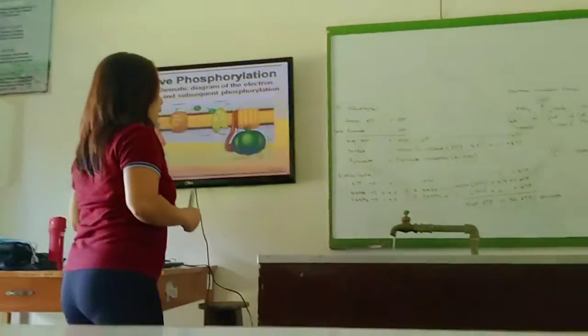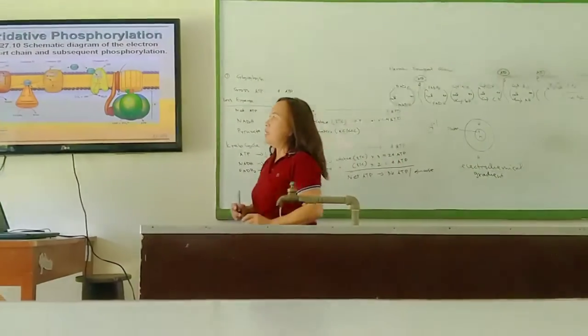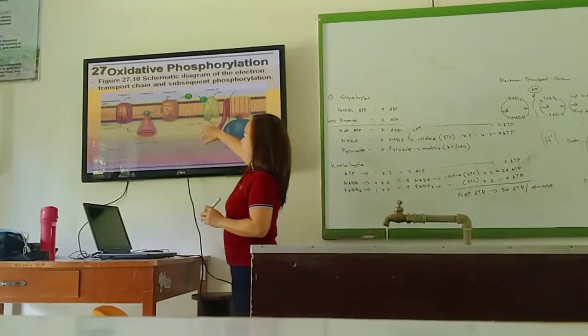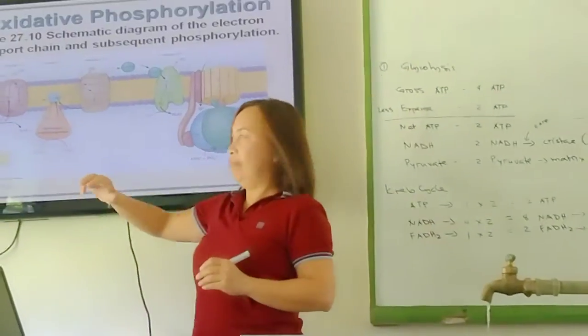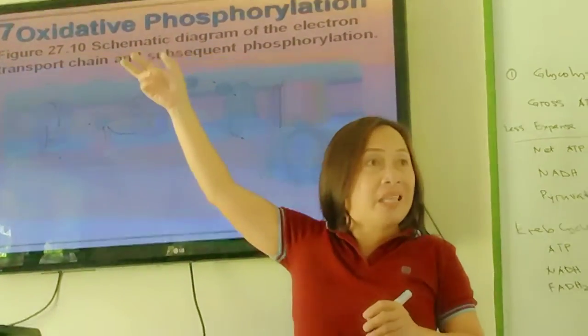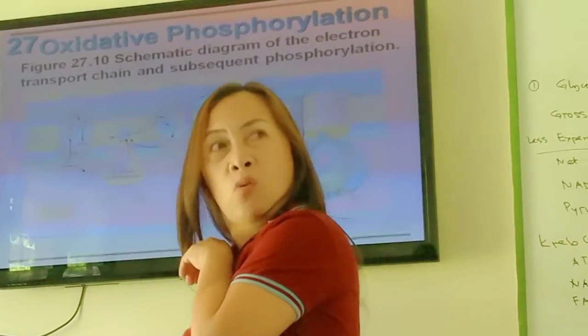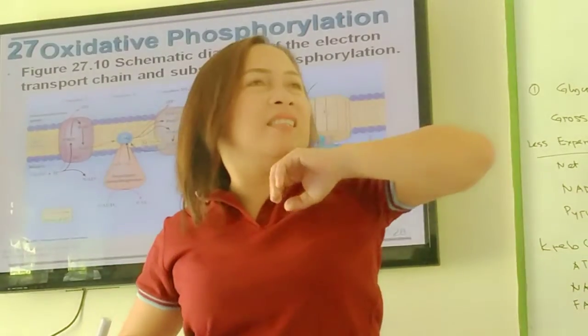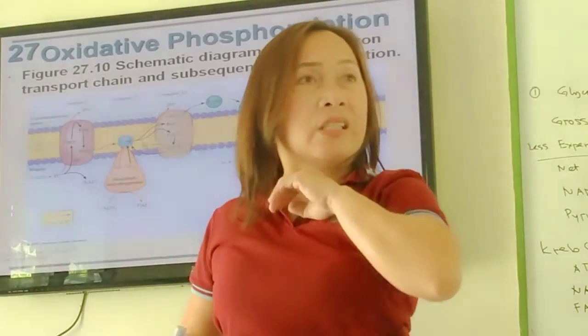Which is created, we call that electrochemical gradient, out of the diffusion or out of the passive transport of these protons into the intermembrane space. Now, the result of this crowding, so you will squeeze together. So that is gradient.